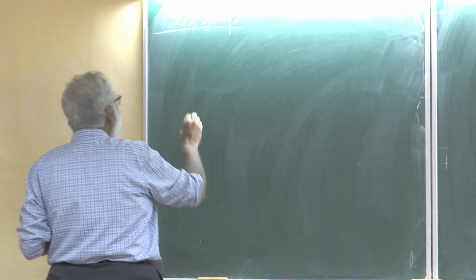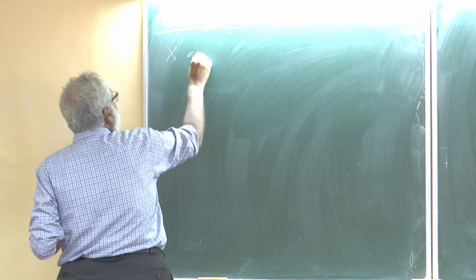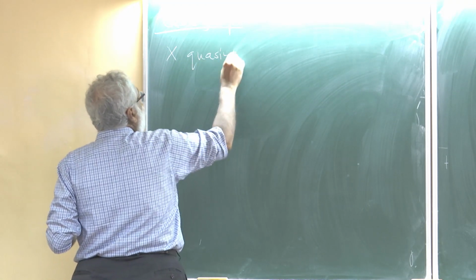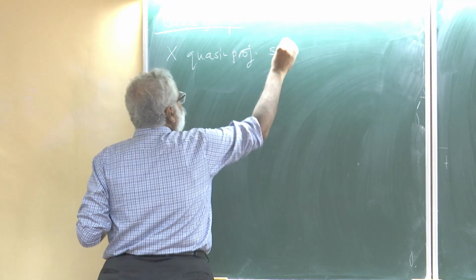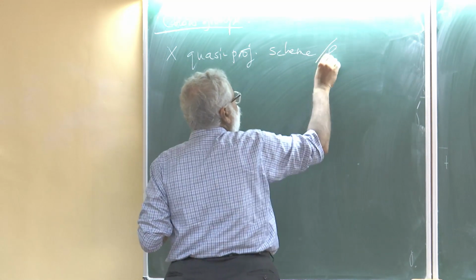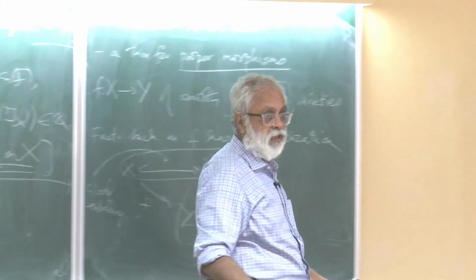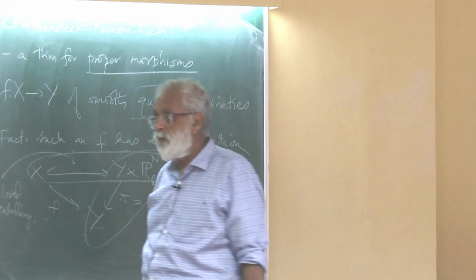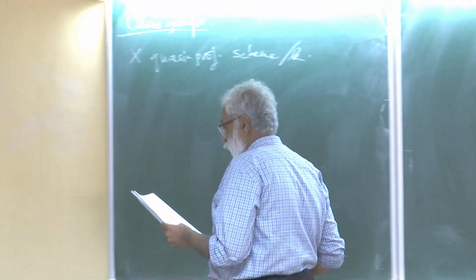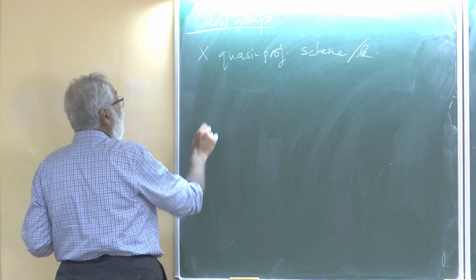Okay, anyway. So now X is quasi-projective, but it's a scheme. So it's reasonable, but it could have non-reduced elements in the structure sheaf. It could have components, may have things of different dimension, whatever. That's the generality which you want to start with.